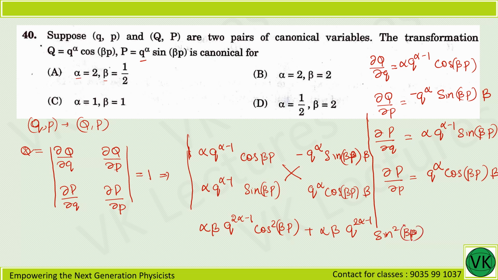So this should be equal to 1. So here we have alpha beta q to the power 2 alpha minus 1 equal to 1.